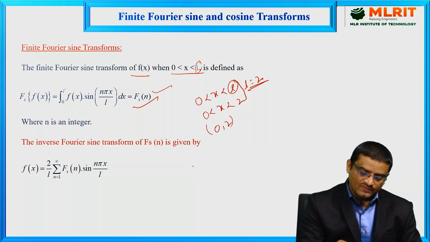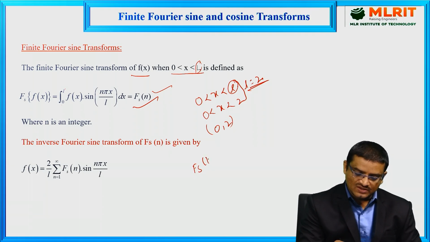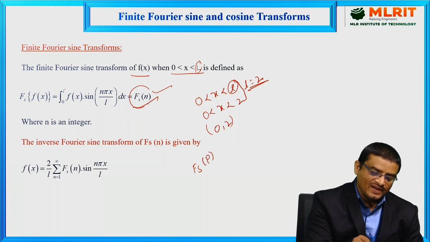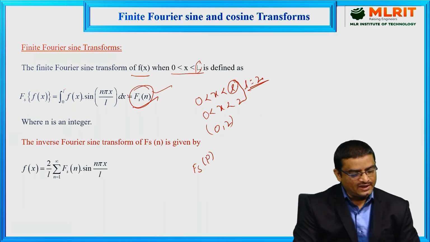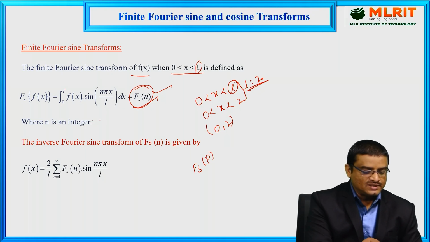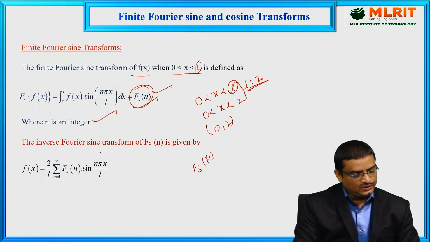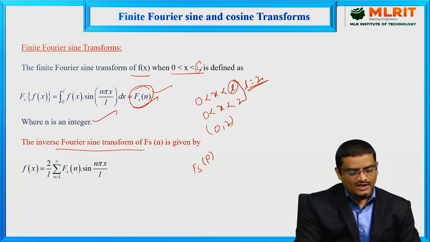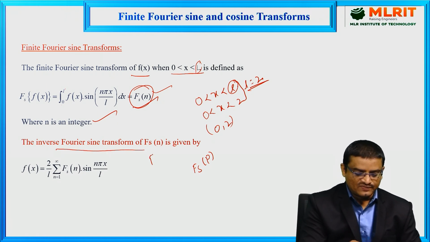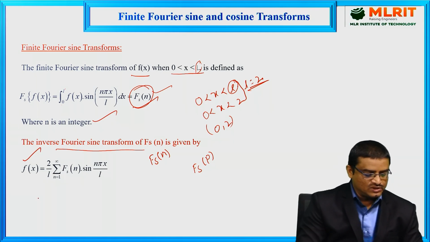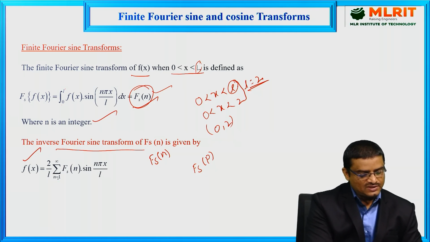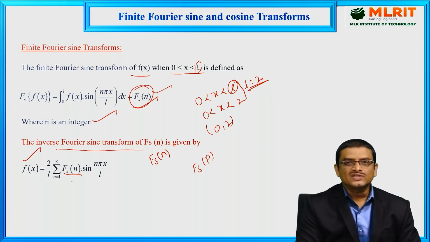In the infinite case we took that value as f suffix s of p, but in the finite case we take it as f suffix s of n, where n is some integer value. Now the inverse Fourier sine transform is given by f of x equal to 2 by L summation n equal to 1 to infinity f suffix s of n into sine n pi x by L.